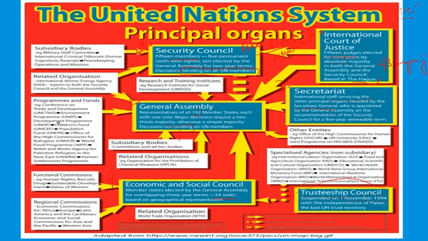That is UNCTAD, United Nations Conference on Trade and Development, the UNEP, United Nations Environmental Program, then UNDP, United Nations Development Program, then UNICEF, United Nations International Children's Emergency Fund, then UNHCR, United Nations High Commissioner for Refugees, and there are certain others also.